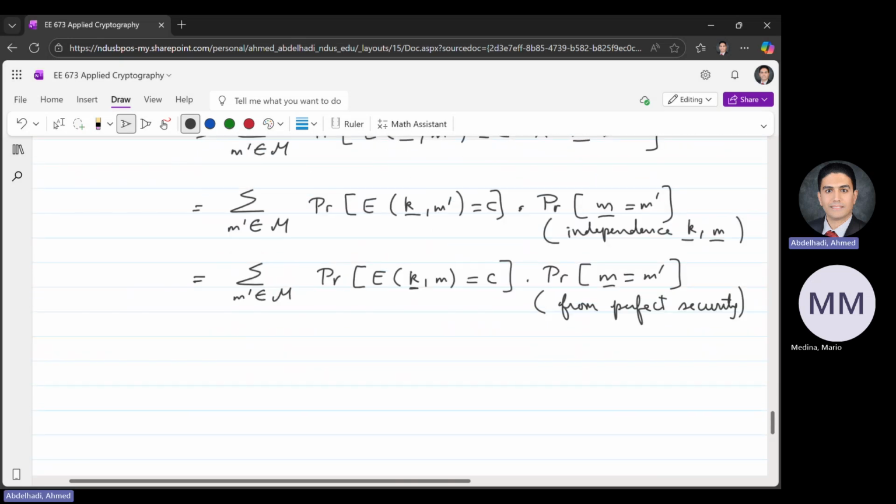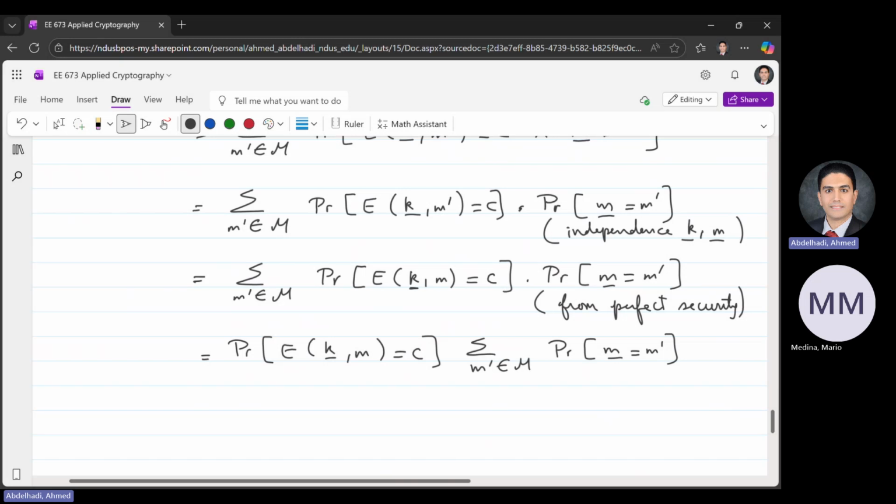All right, so now M is different from M prime, so I can take this outside the summation. And then the summation is only going to be over... what is the summation? 1.